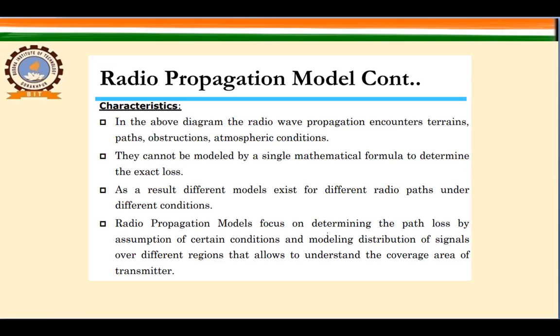So we take the resultant sum of all these multiple components and model them into different models for different radio paths under different conditions. The radio propagation model focuses on determining the path loss by assuming certain conditions and modeling the distribution of signals over different regions, which allows us to understand the coverage area of the transmitter.